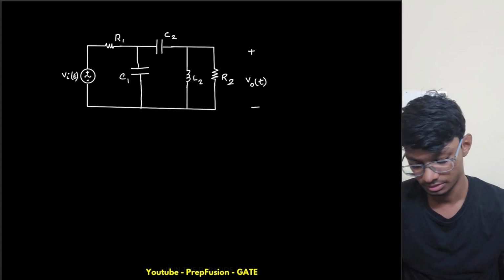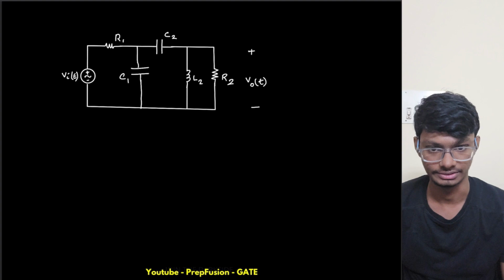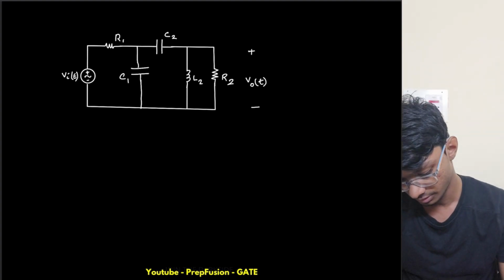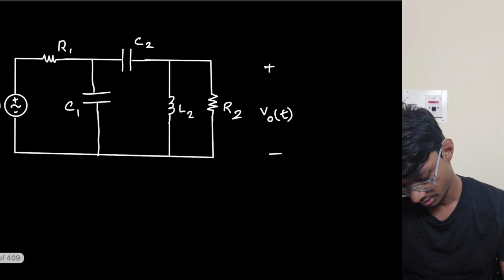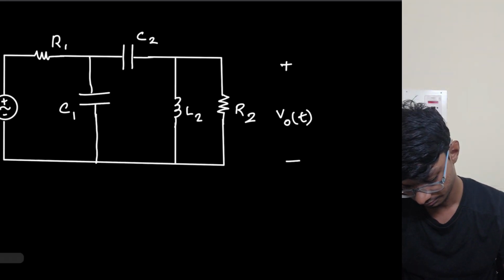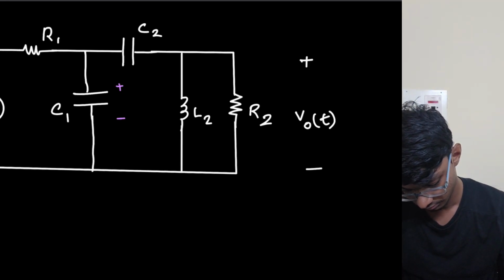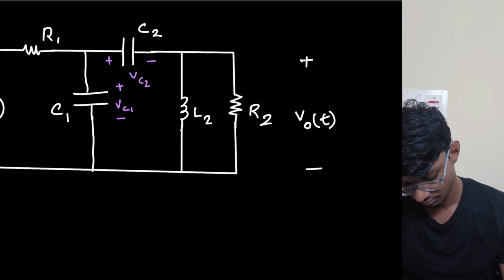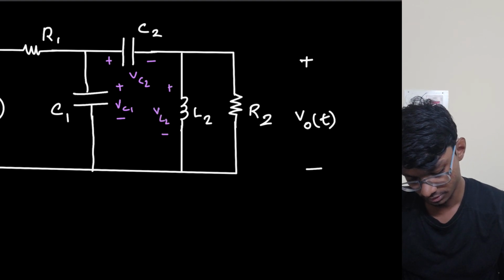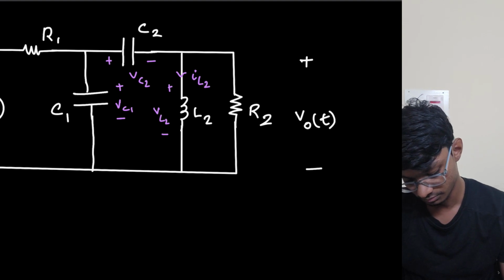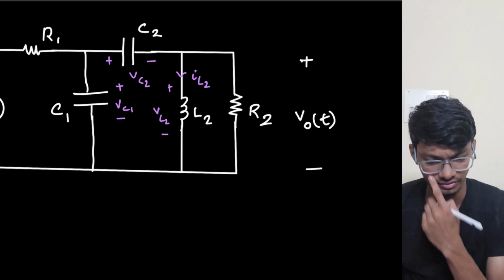What are the state variables? Let me first write all the variables. So this is my Vi. Let me name this as Vc1. This is VL2, let me name this as IL2. We have only L, so why am I naming this L2?